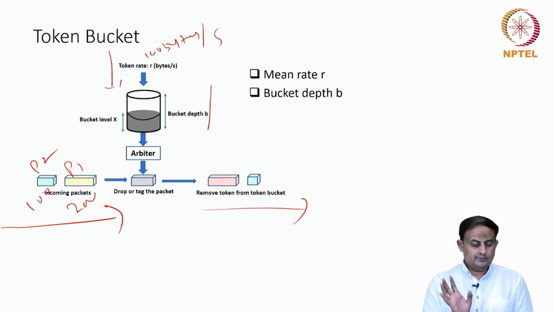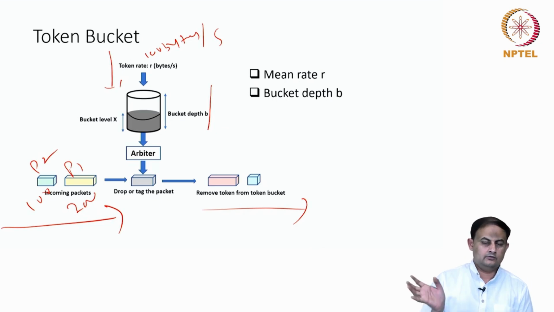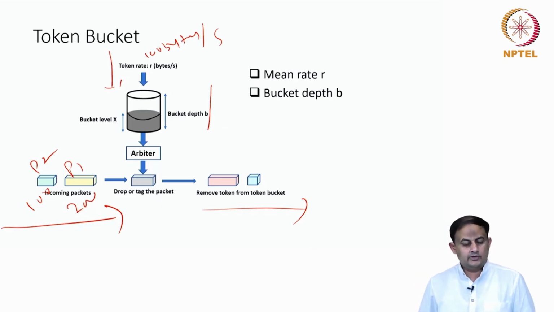If in this case P1 carries 200 bytes worth of data, and tokens worth 200 bytes are available in the bucket, then you will be able to transmit it. Otherwise, the packet P1 is dropped, or you might put it inside a queue and wait till 200 bytes worth of tokens are accumulated inside the bucket.